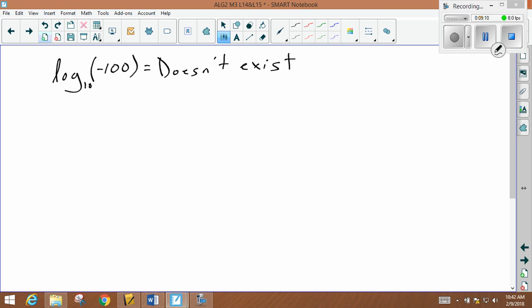And the other case that exists is, what is log base 10 of 0? Can you raise anything to a power and get 0?